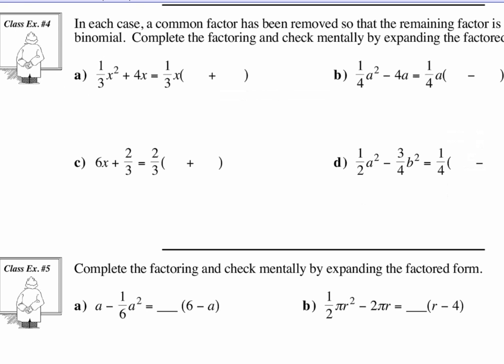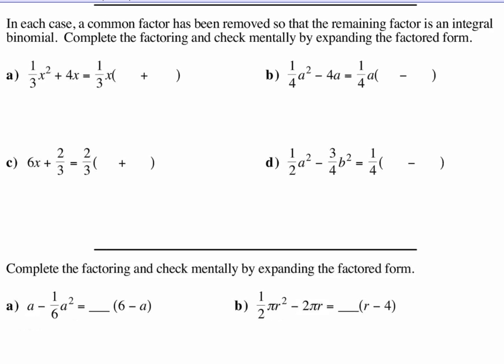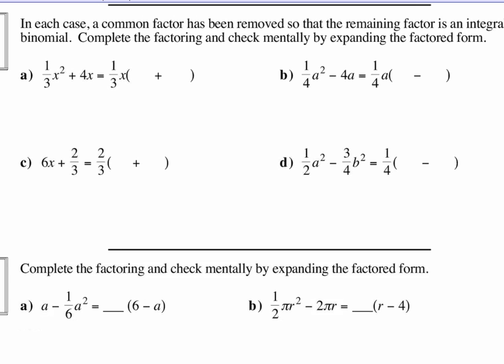Okay, in each case, a common factor has been removed so that the remaining factor is an integral binomial. Complete the factoring and check mentally by expanding the factored form. So when we have a fraction, we want to factor the fraction out. I find the easiest way to do this is to get a common denominator.